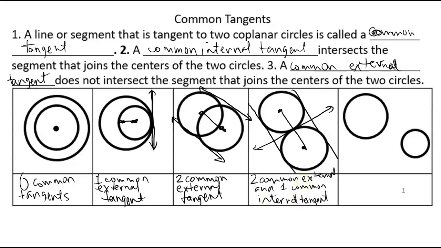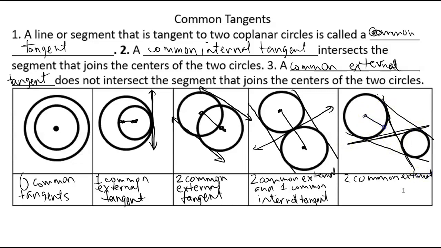All right. And then lastly, we have this picture. Sorry that my lines are not straight. I need a ruler. But these are all the common tangents. You can see we still have those two common external tangents. But we also have these two that are going in between the two circles.